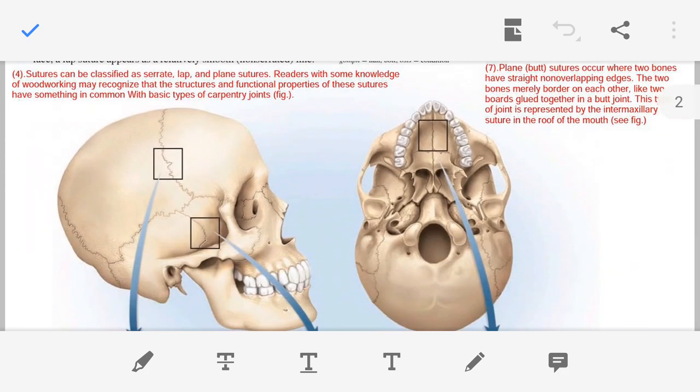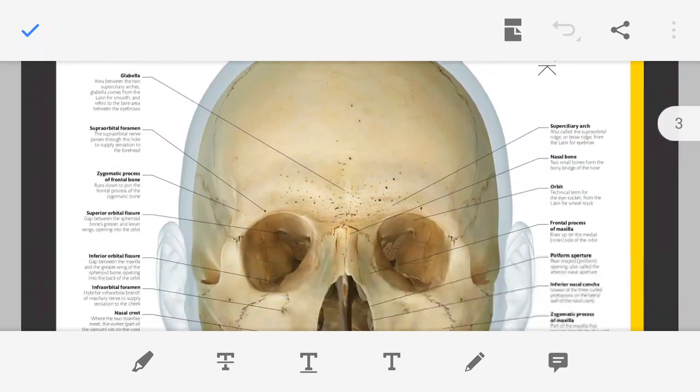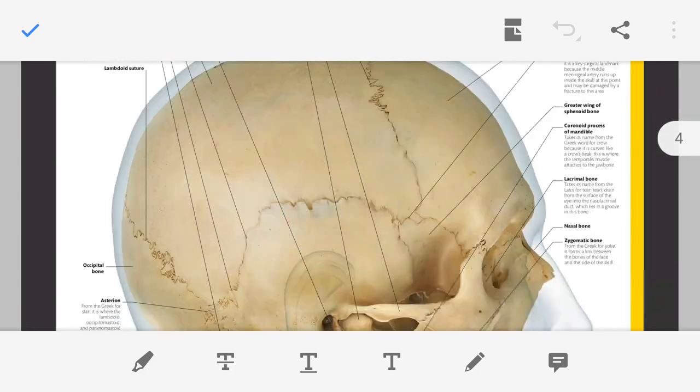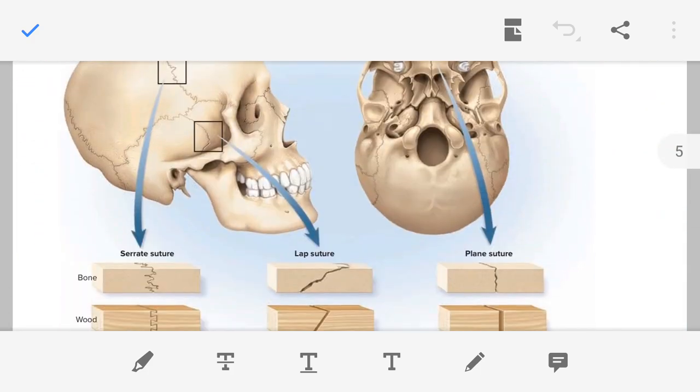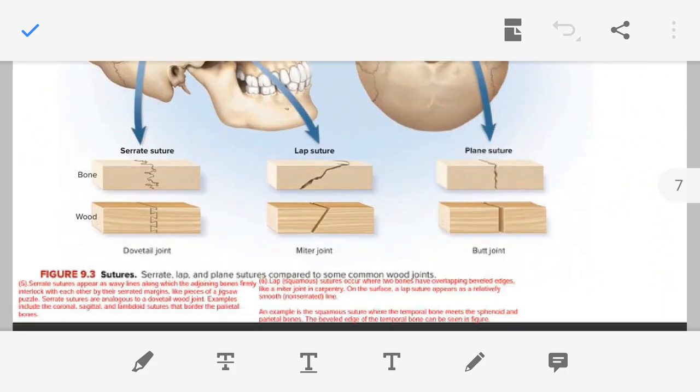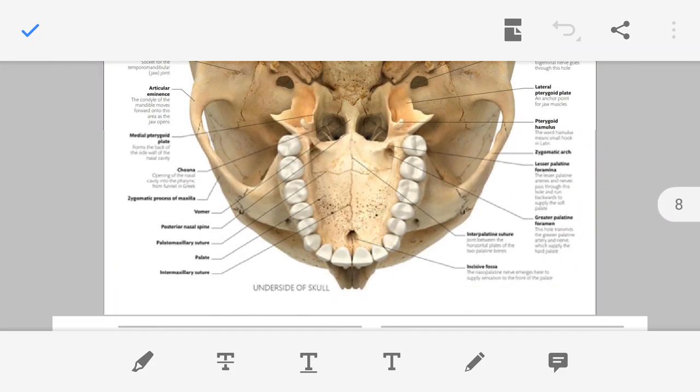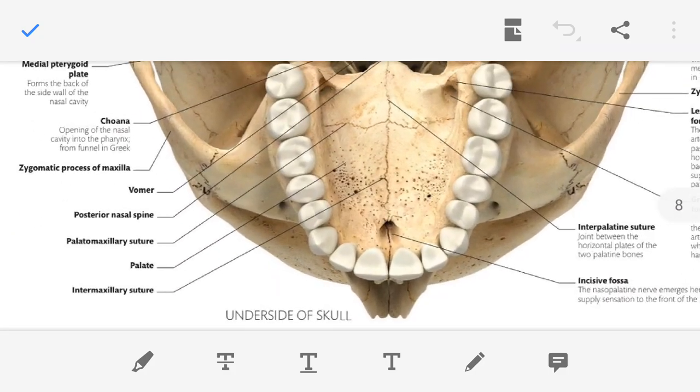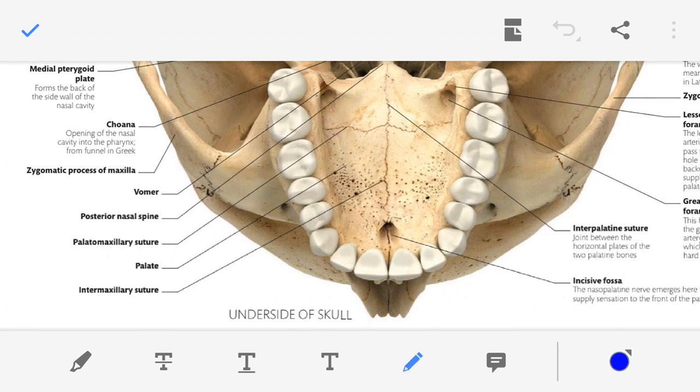One more figure is there so that you can get the idea. See, over here, intermaxillary suture. This one is intermaxillary. So this is a maxillary bone, this is a maxillary bone.